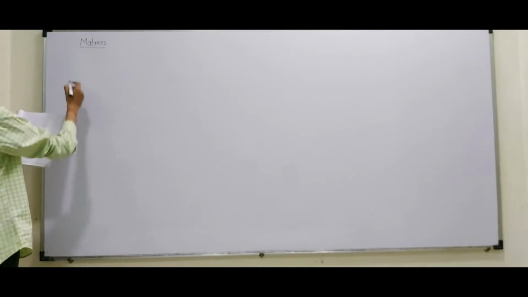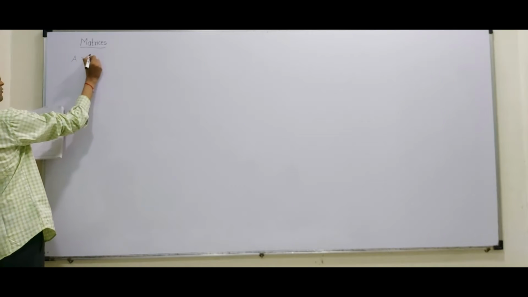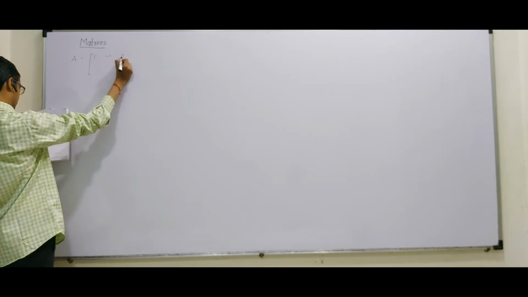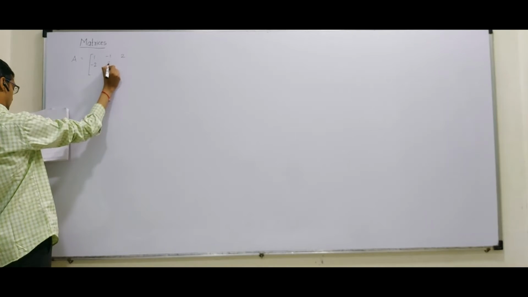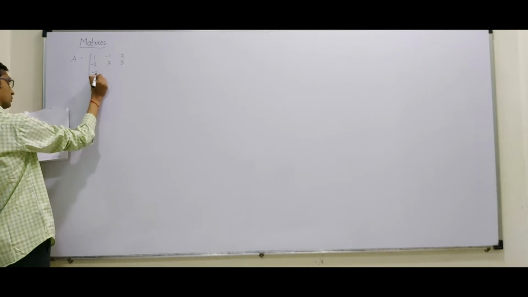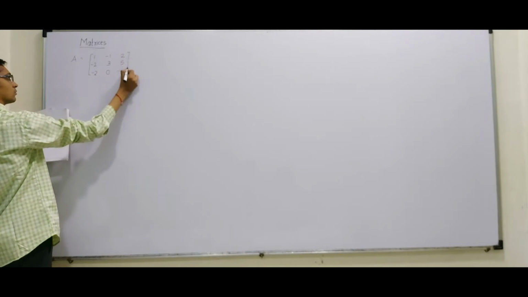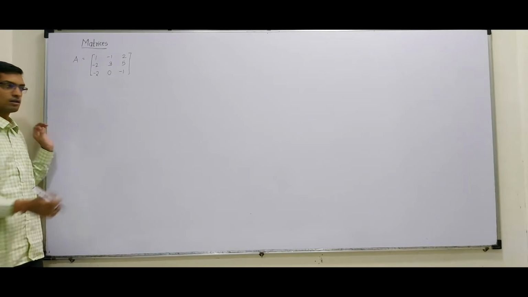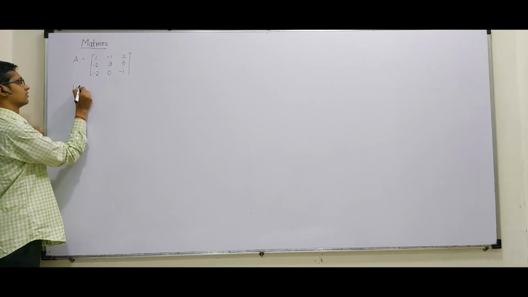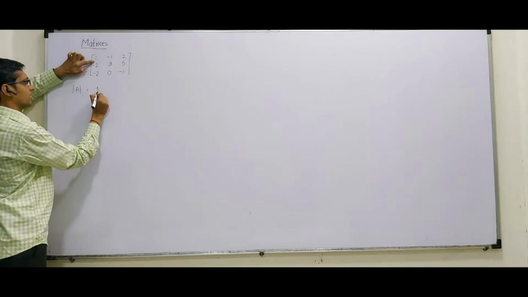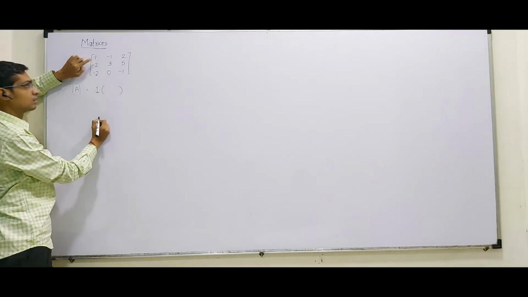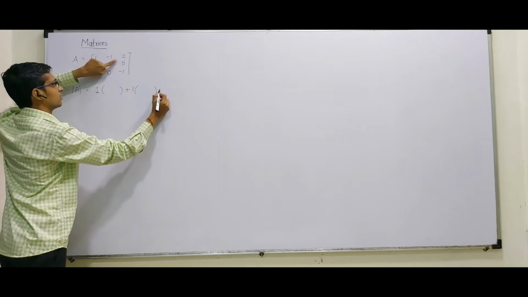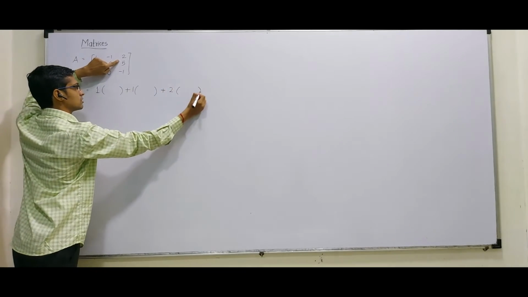Let's take an example of a 3 by 3 matrix for finding inverse using adjoint method. As usual, first I will start with determinant A. So what is determinant A over here? 1 into something, middle one का opposite into something plus 2 into something.